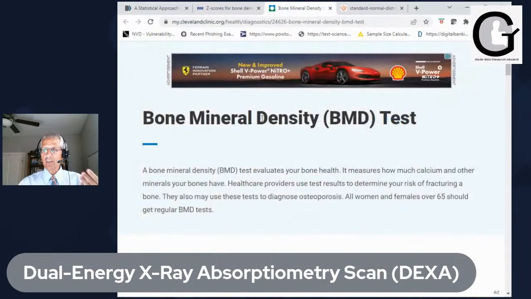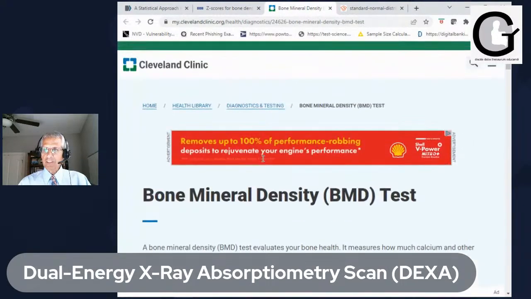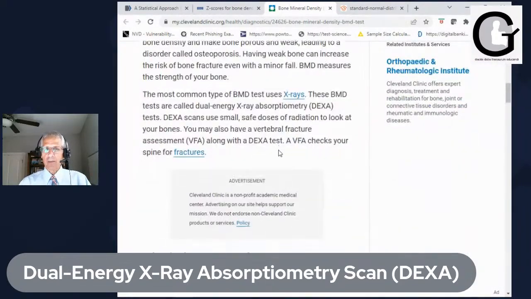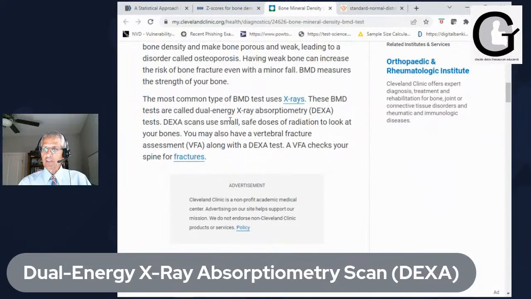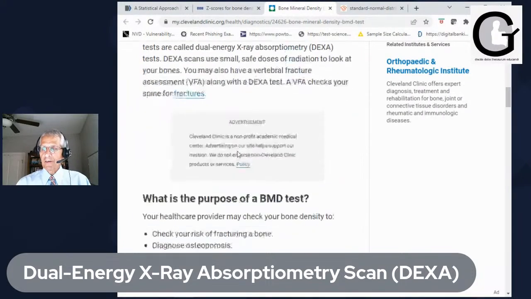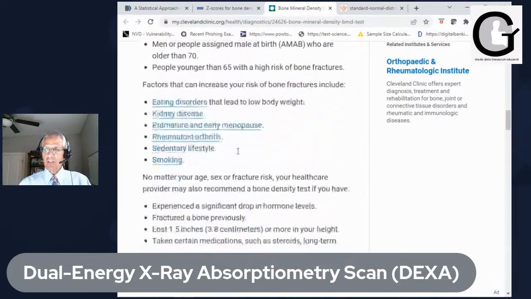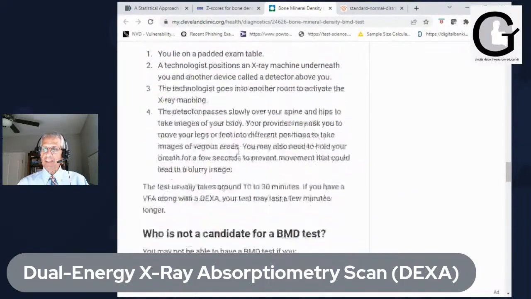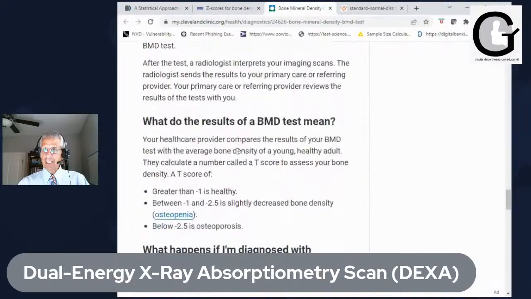You have to take a look at this. So I went to another place, Cleveland Clinic, which actually is very good. And then they talk about different aspects, dual energy X-ray scans, and vertebral fracture assessment. It talks about who performs it, how it works, how do I prepare, what can I expect, who's not a candidate, what do the results mean? Here we go.